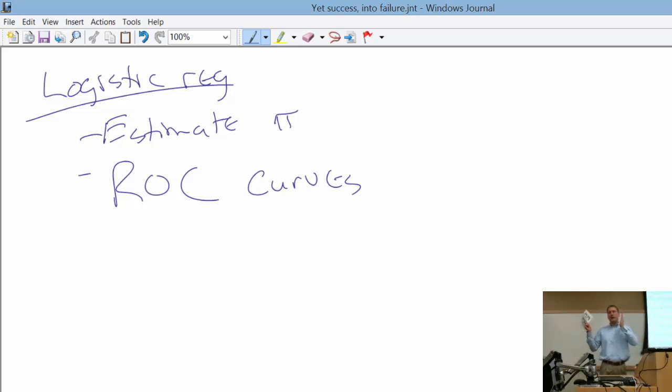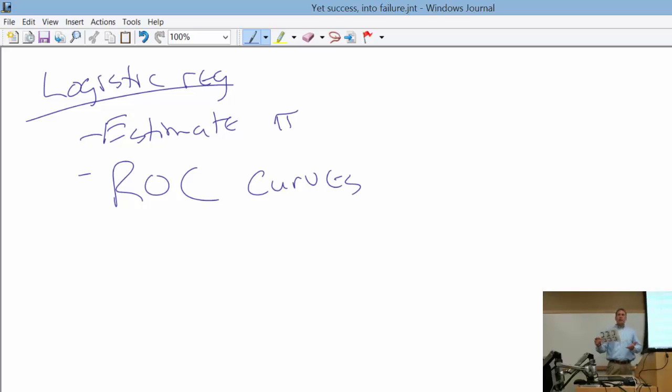Let's say I ask you to do an ROC curve in R, and then I say, why don't you draw it out on your paper. Depending upon where you put the curve, that shows me whether or not you actually did it right on the computer.